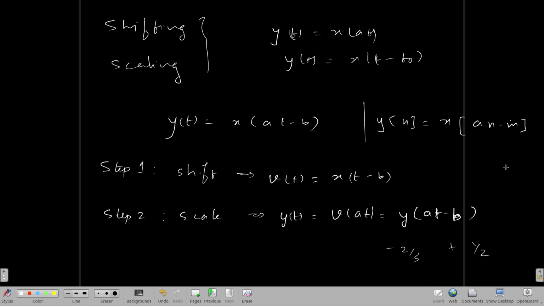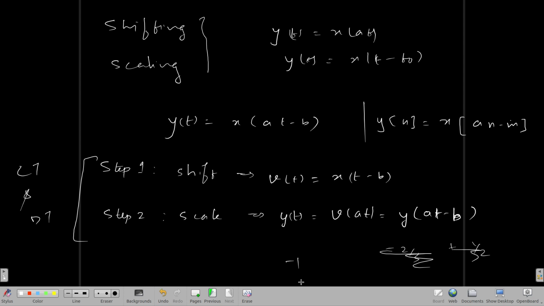For discrete signal you should have integer shift, so that is why it is always advisable to shift first. So this is a method you can follow for both continuous time and discrete time. So I strongly suggest you follow this routine, this regimen. Okay, and scaling you apply later, whether it is a reflection or a simple scaling, because reflection also you can consider it as a scaling for our purpose, because it will be multiplication by -1, right?